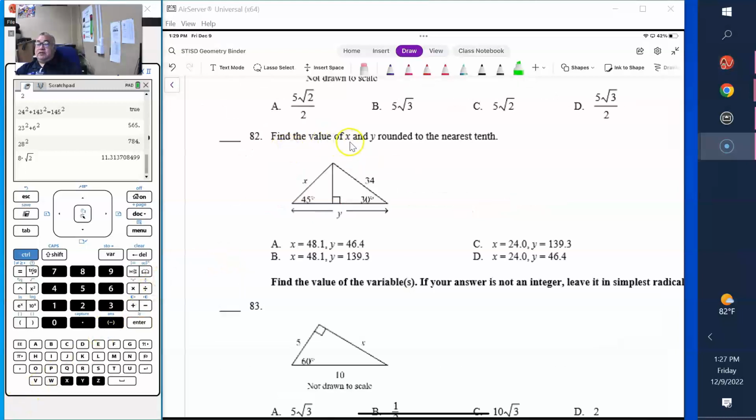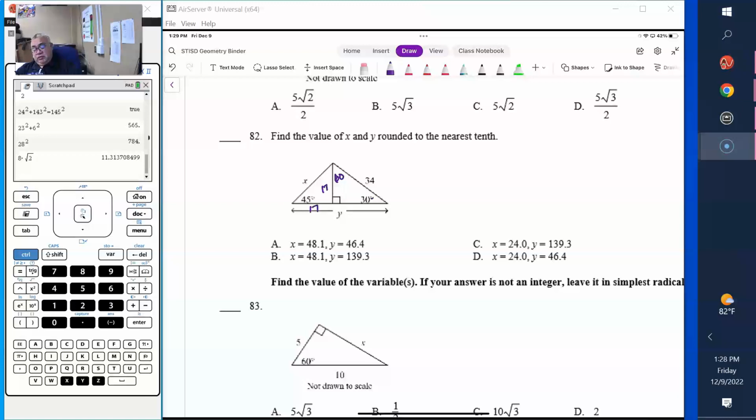Find the value of x and y rounded to the nearest tenth. Okay, so this is a 30, 60, 90. This is 34. So this is 17. This is 17.